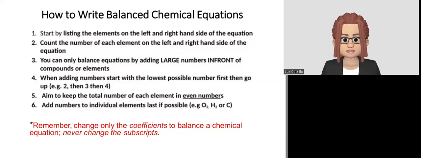You must not change the subscripts, because if you change the subscripts, you're going to change the identity of a particular compound. Let's practice with some problems to actually see how we balance reactions. And my major advice will be that when you're balancing reactions, the best thing that you can do is just practice, practice, practice.